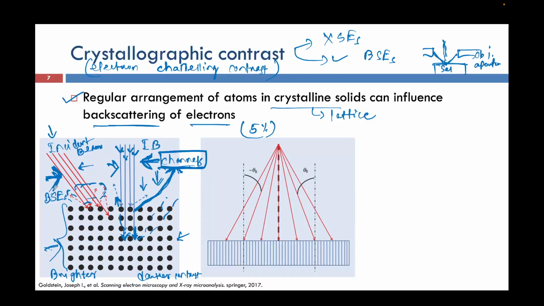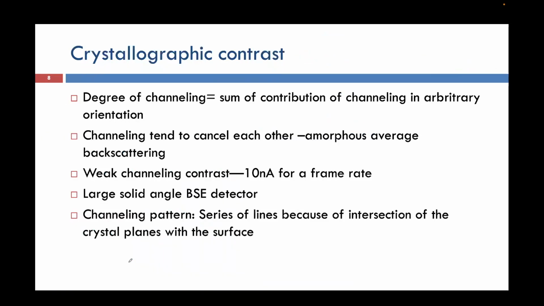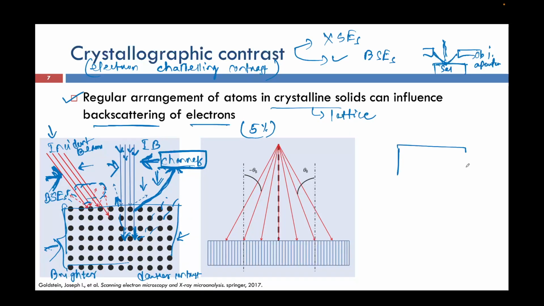Let's say one brighter region is there, so a high number of backscattered electrons arrive at the detector. Then similarly, in another section, a low number of backscattered electrons. Let me draw this so that you can understand.